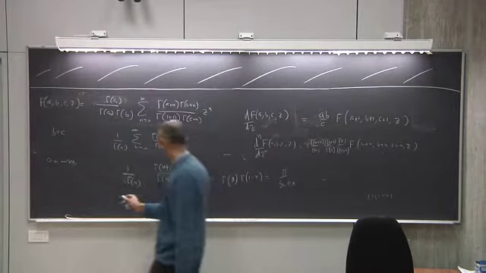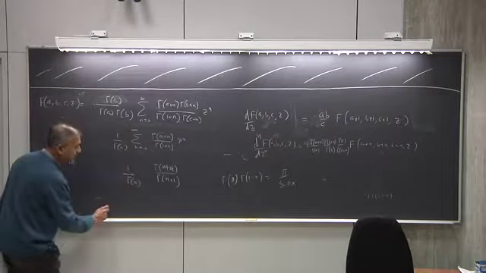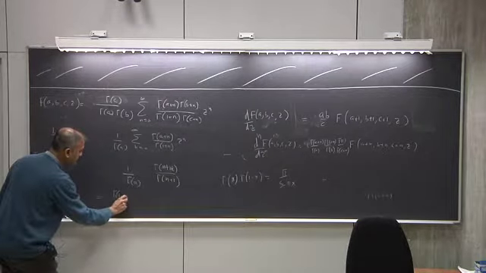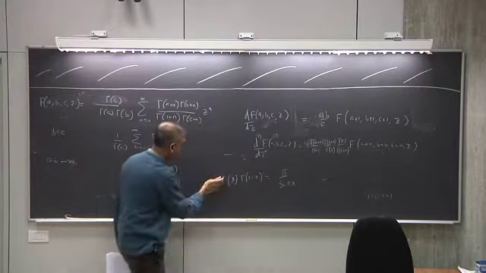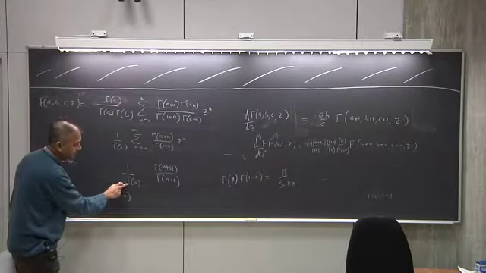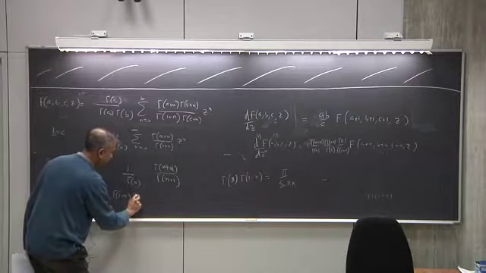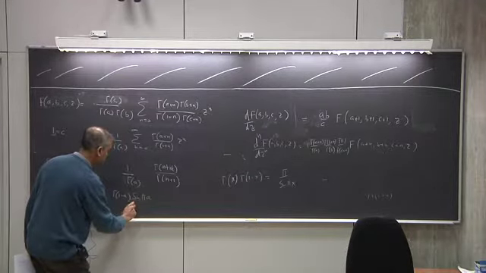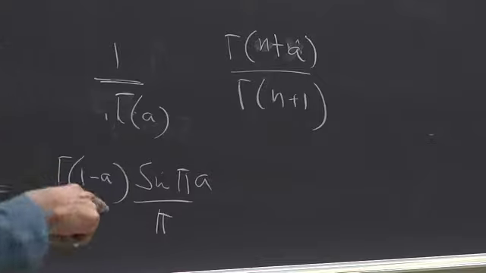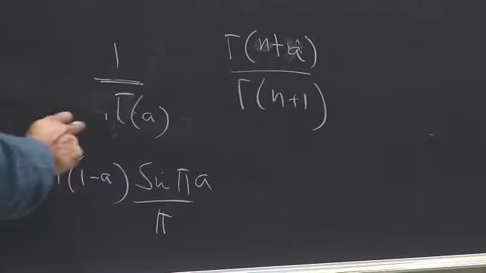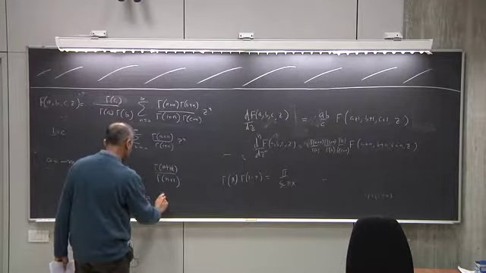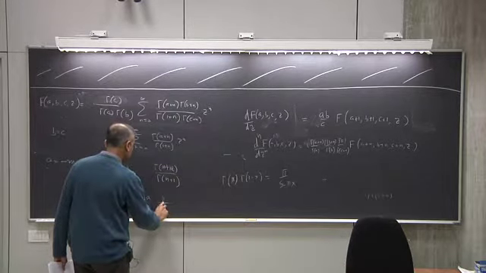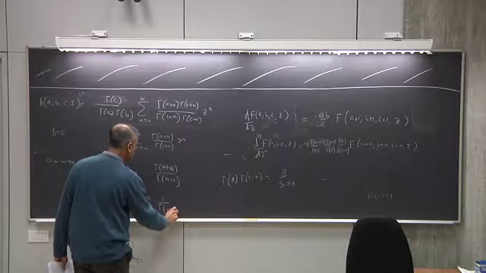So this is the same as gamma of 1 minus a. I take it down here, so this 1 over gamma a becomes sine pi a divided by pi. Same way, this factor becomes 1 over gamma of 1 minus n plus a.